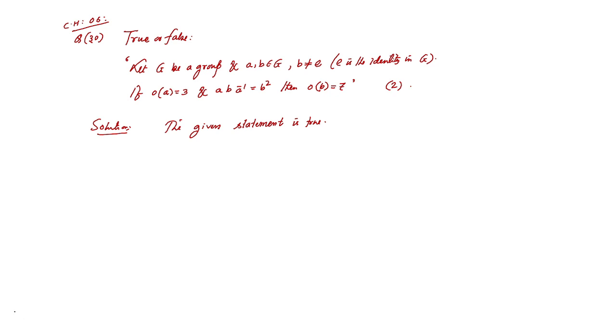Without justification, we can't say the statement is true. So we need to justify. So we'll do the justification. What is exactly given? It is given G is a group and A, B belong to G.